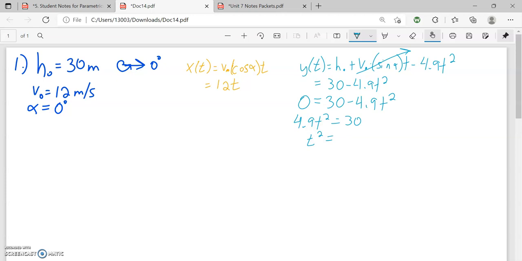I'm going to divide by 4.9. And I have no idea what that is, so let me get as close of an estimate. About 6.12. And we get t itself, take the square root of that, about 2.47.